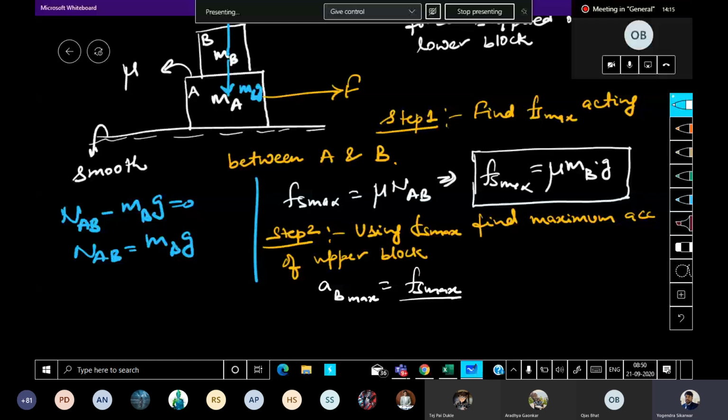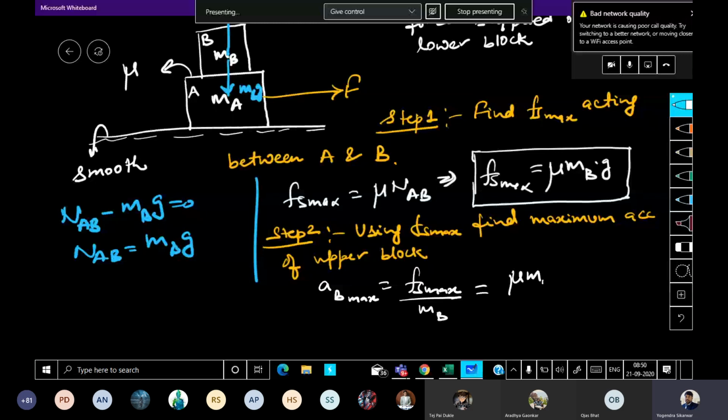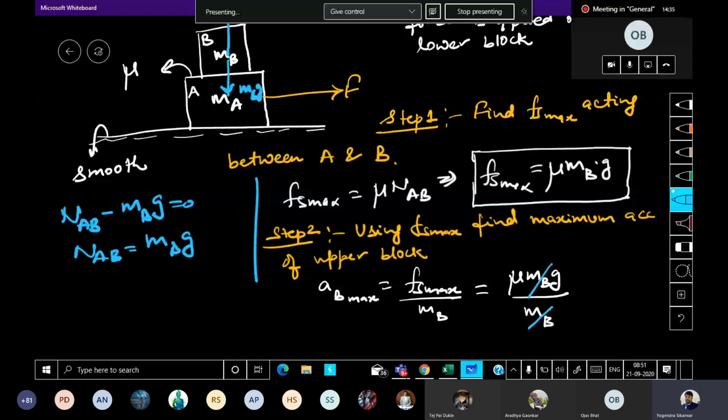Acceleration is equal to F resultant upon M. So Fs max we have already done. Mu MB G upon MB. MB got cancelled.